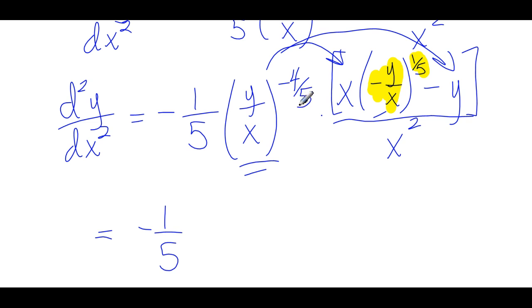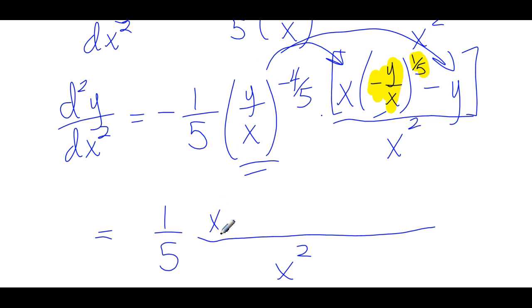y over x to the negative 4/5 times negative y over x to the 1/5. That's, again, the same base. Again, you can take the negative out with this. Negative times a negative is a positive, and I don't have to deal with the negative, so I can distribute it through to that second negative. This is still going to have the x squared down on the bottom.